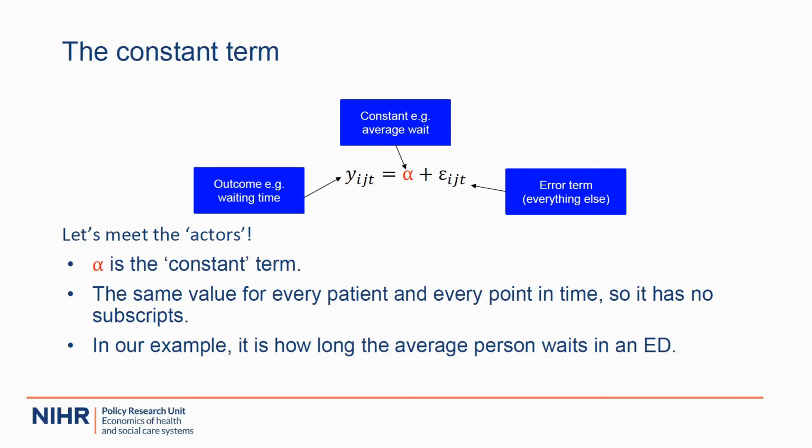In this particular context, it represents the average experience for everybody. We don't tend to interpret it. We don't tend to draw conclusions from the value of this constant term, but it's something which needs to be in the equation in order to understand everything else as we start to introduce it.